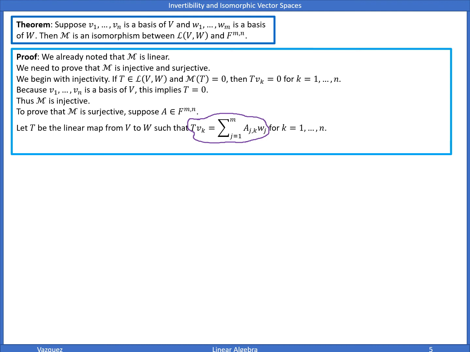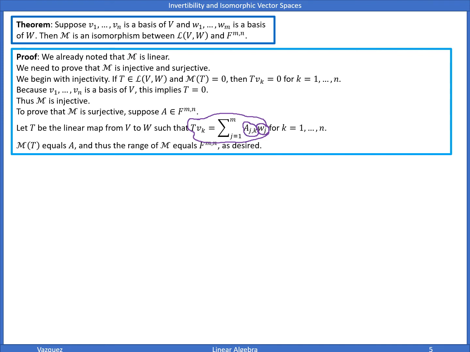That's how we define the linear map T of Vk, where k is a column: a sum with all these scalar components of the matrix and vectors of the basis of W.